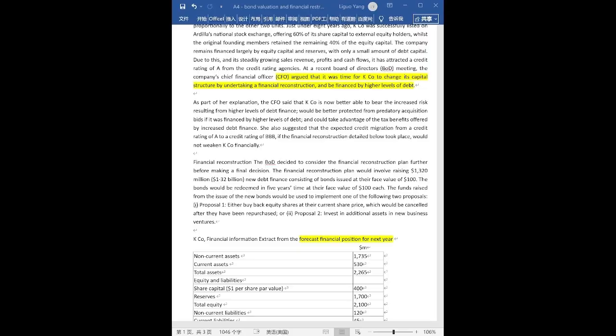And in both scenarios we will have to take into consideration interest payable on new bonds of 1,320 million. It's over here.